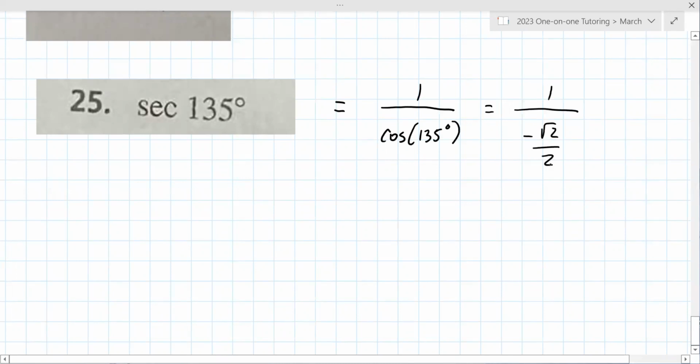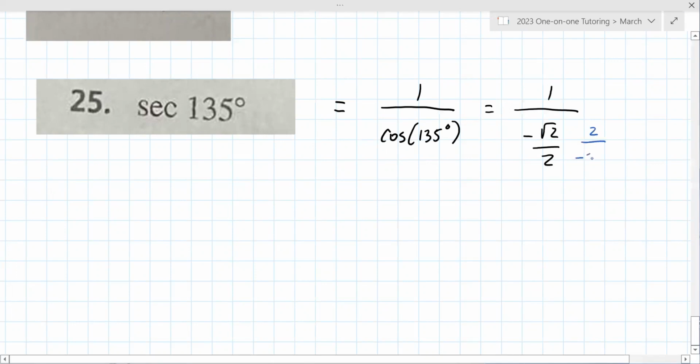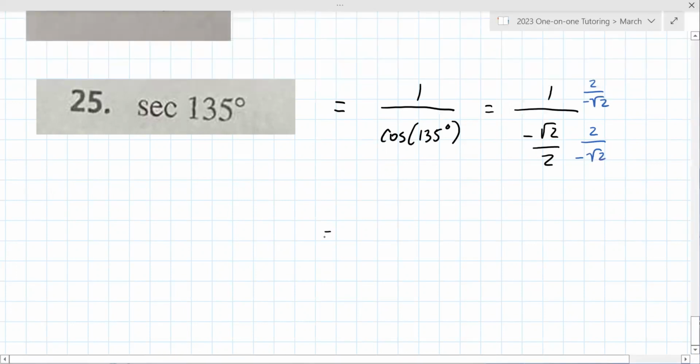All right, so now this one's really bad. You're expected to simplify this. Okay, so the first thing to do is to multiply the top and bottom by the reciprocal. And you'll find most of the work is actually from this point forward. So it's 2 over negative square root of 2 because everything on the bottom cancels. Now up top, the negative goes to the numerator.